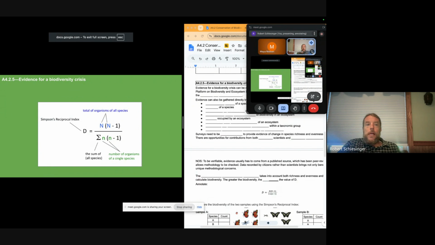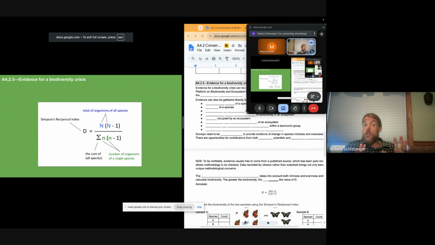And so some other symbols in here that are a little confusing: you've got a capital N. Okay. And that's going to be the total number of all organisms, regardless of what species there are. So if I've got 10 different species and each one of those species has 10 individuals, my capital N value is going to be 100, right?